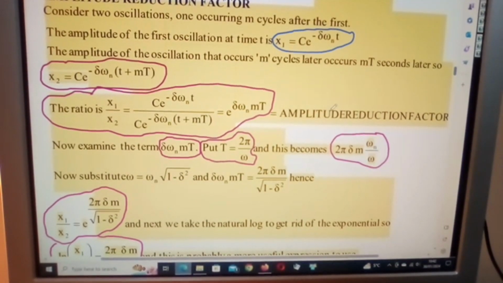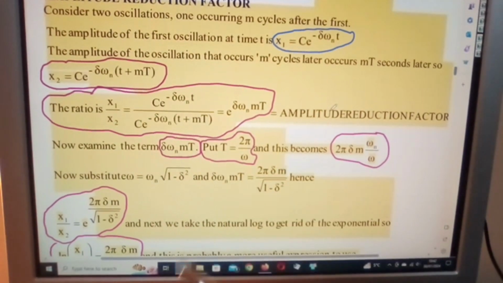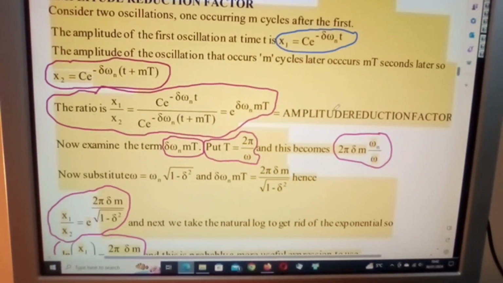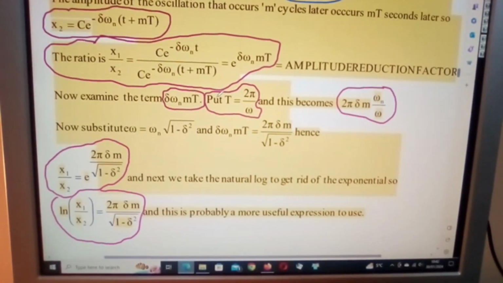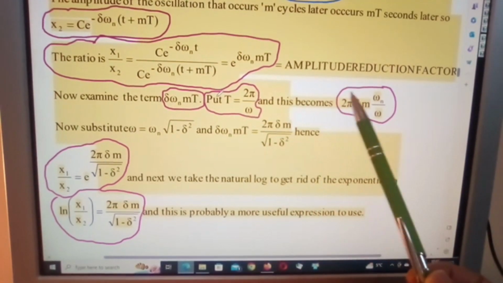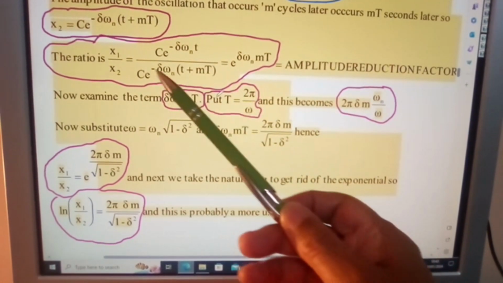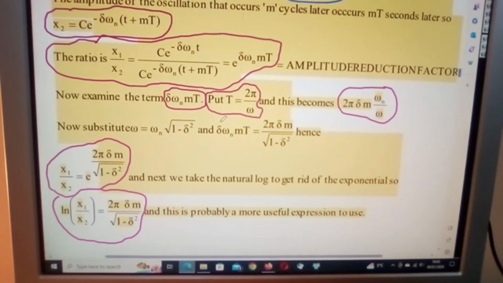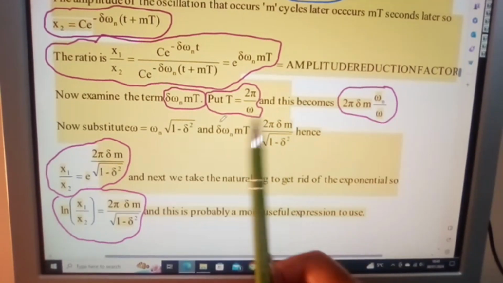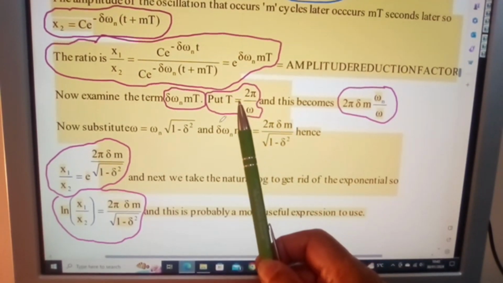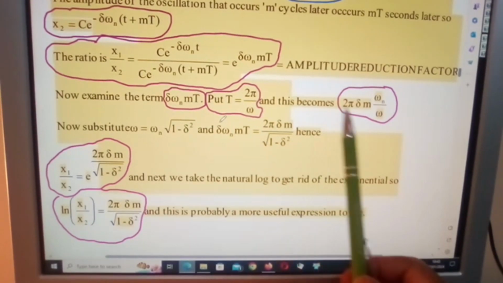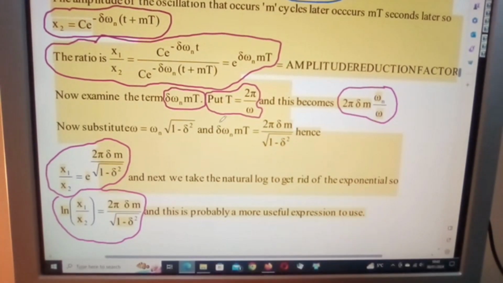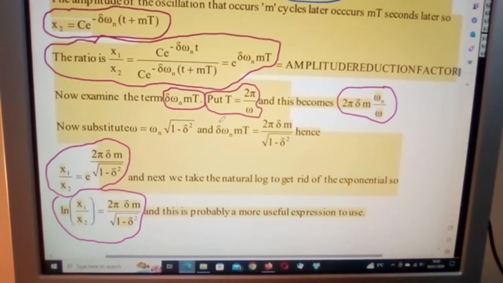The amplitude of the oscillation that occurs m cycles later occurs mt seconds later, so comes this. Amplitude reduction factor. Now examine the terms. Put t equals 2 pi over omega, and this becomes your next equation.